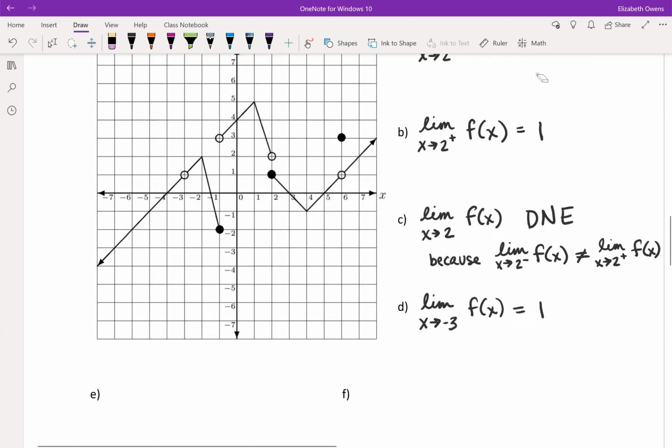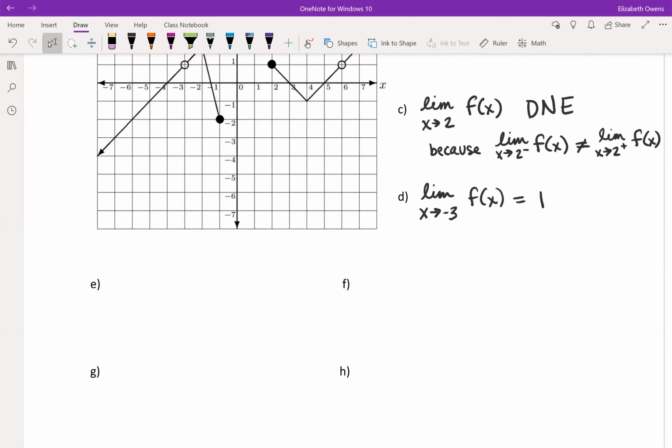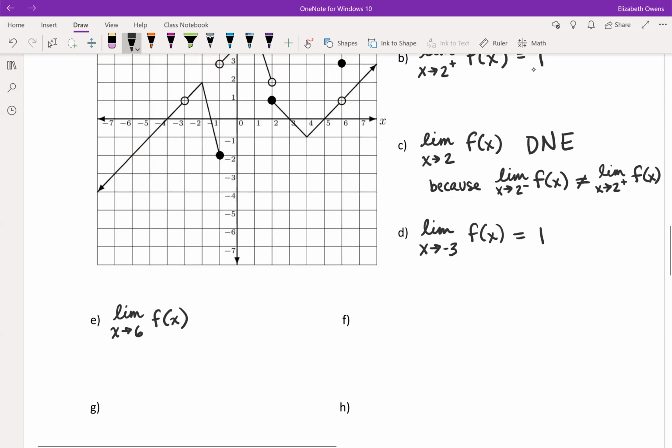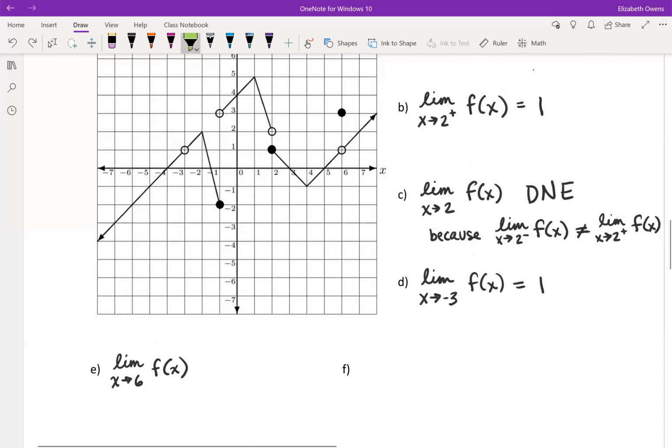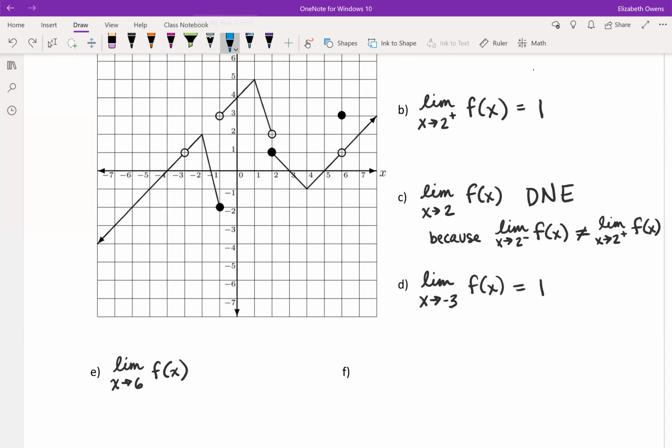Let's do a couple more here for practice. Let's look at the limit as x approaches 6 of f of x. Okay. Now notice how this is another overall limit. X is approaching 6. There's no from the left or from the right, so this is not a one-sided limit. It's a both sides general limit. So let's see what's going on here.